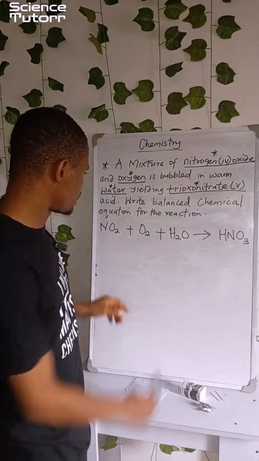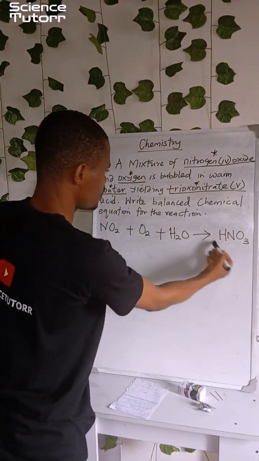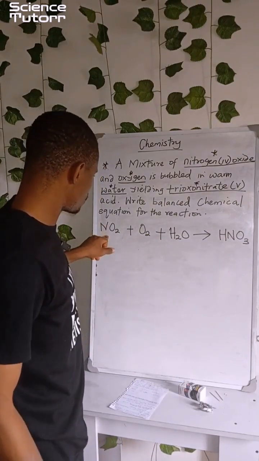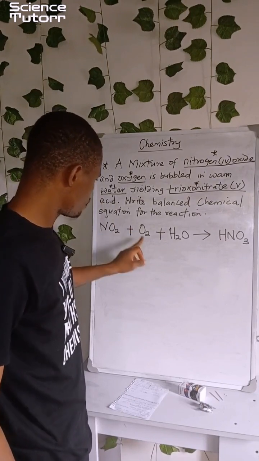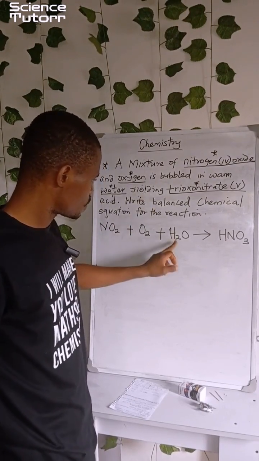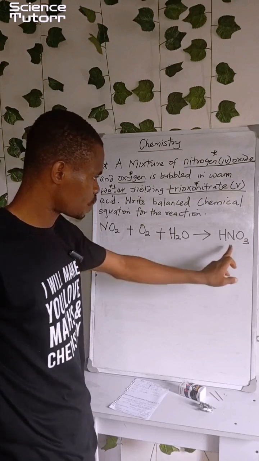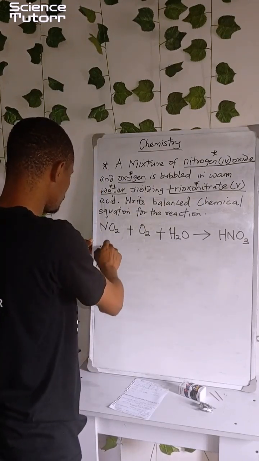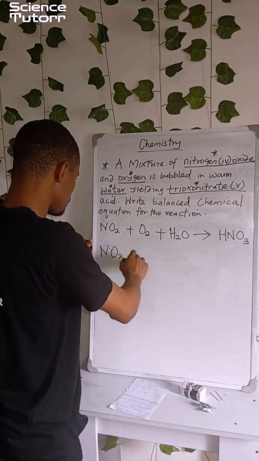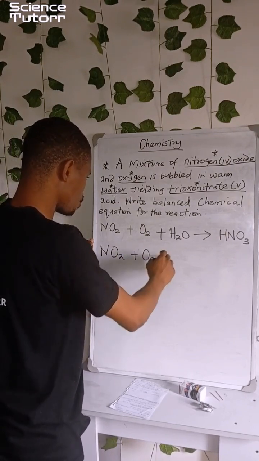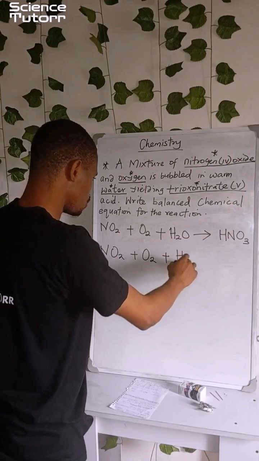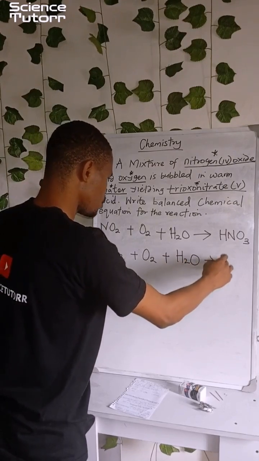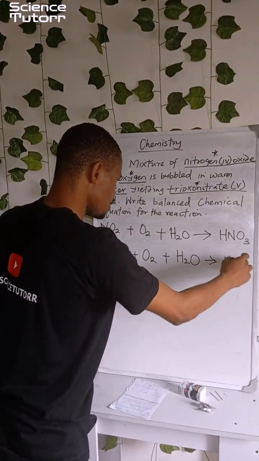On the reactant side, these are the reactants, this is the product. Nitrogen dioxide plus oxygen gas plus water giving us nitric acid. So I'm going to repeat this for a reason: NO2 plus O2 plus H2O giving us HNO3.